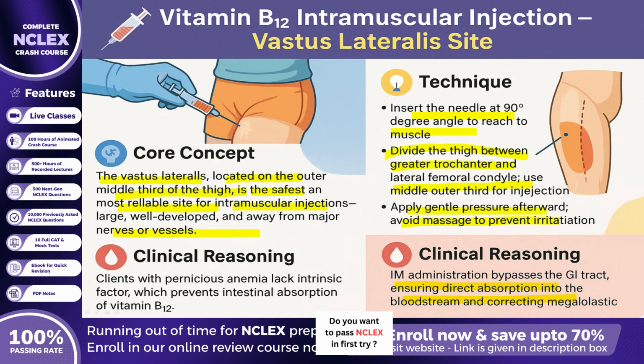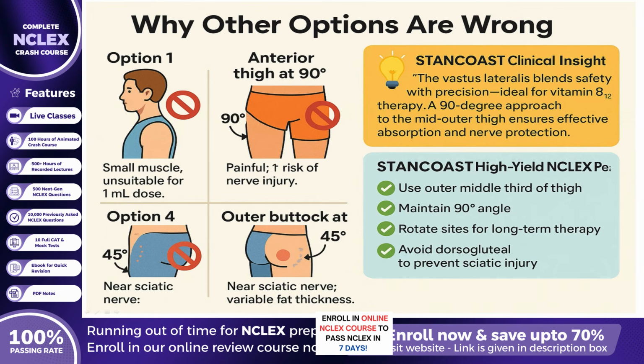Let us also explore why the other options are not appropriate, starting with option 1, upper arm at 45 degrees. This corresponds to the deltoid muscle, which is not suitable for larger medication volumes, such as 1 milliliter of vitamin B12, and the angle of 45 degrees is incorrect for intramuscular administration.